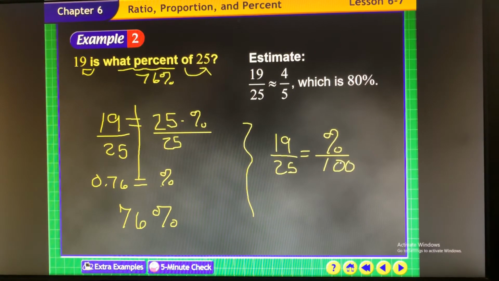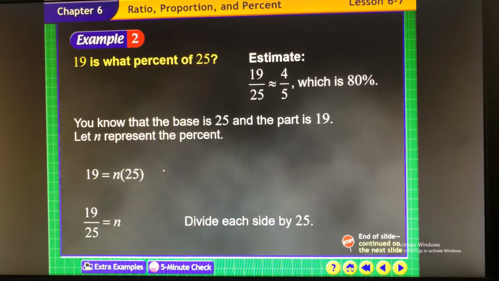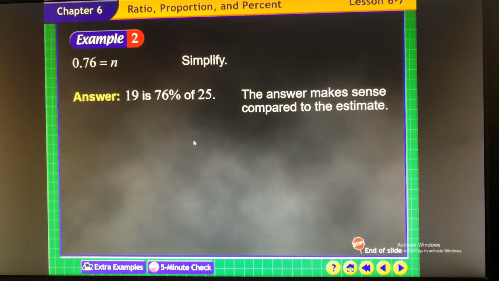I didn't have to remember to multiply it by 100 because it was already built into the formula. 19 times 100 divided by 25 gave me 76. So this one is kind of all inclusive, a little bit easier to do and not having to remember all these steps. But it's good to know more than one way.